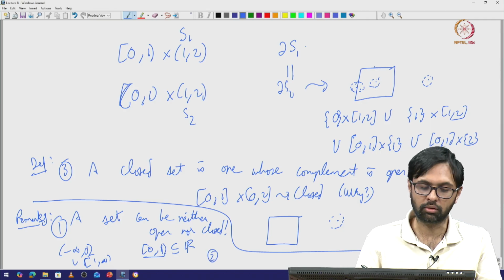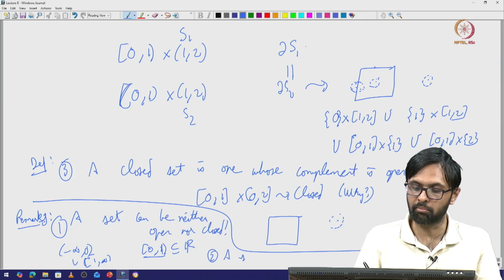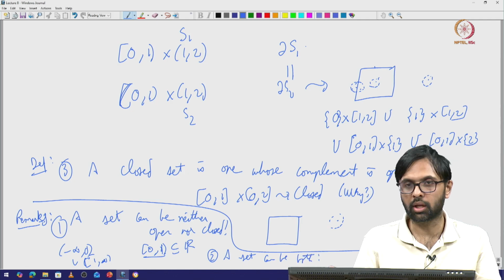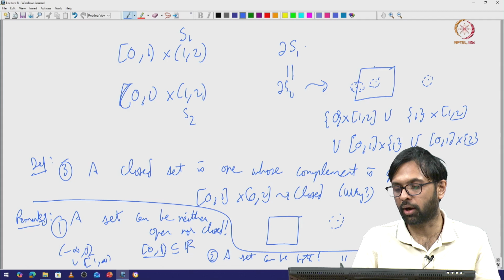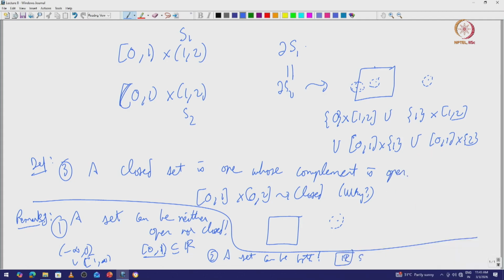Another remark is that a set can be both. Okay, what's an example of such a thing? All of R itself. R is a subset of R, or R2 is a subset of R2, and it is certainly open, obviously.